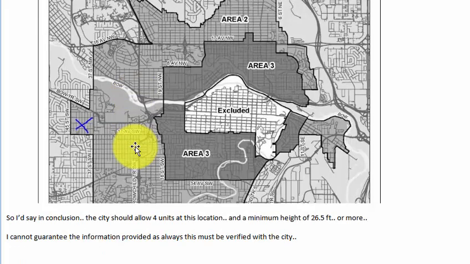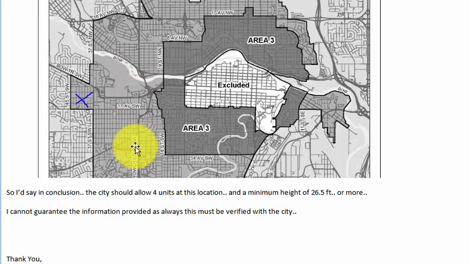Okay, so I can't guarantee any of this, but all I can say is this should be taken up with the city. I believe that you're probably going to get maximum 3 stories and 4 units. It's possible with the height, if they'll verify that height, that you may be able to pull this property out of the ground a little bit higher and give the lower units more window space and be a little bit higher in the ground to make them feel above ground.